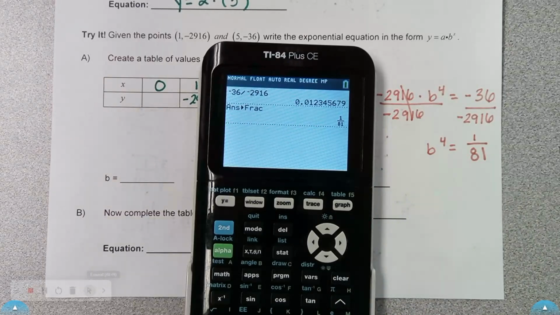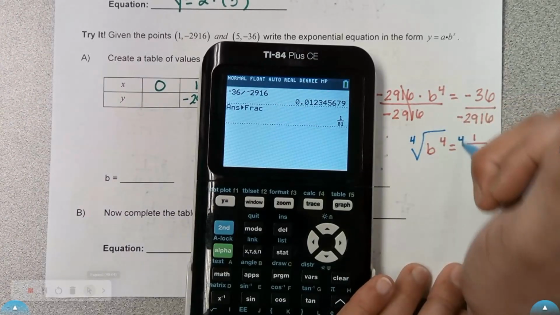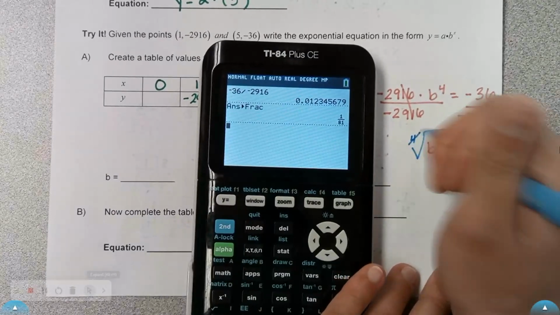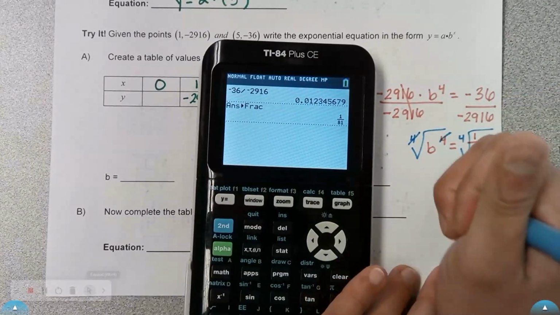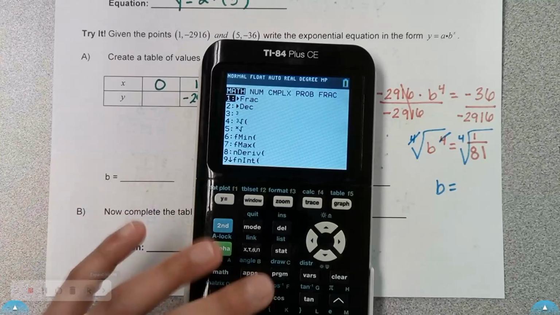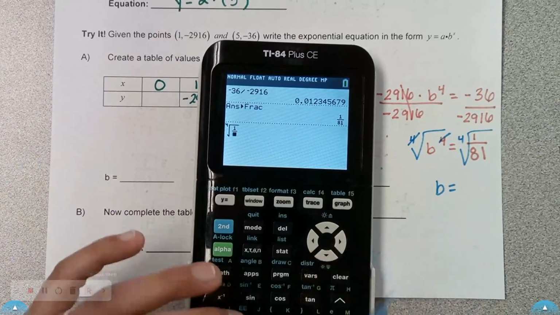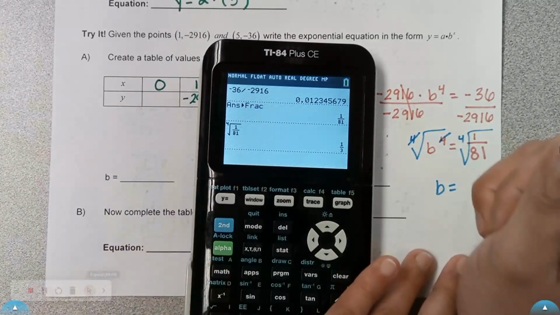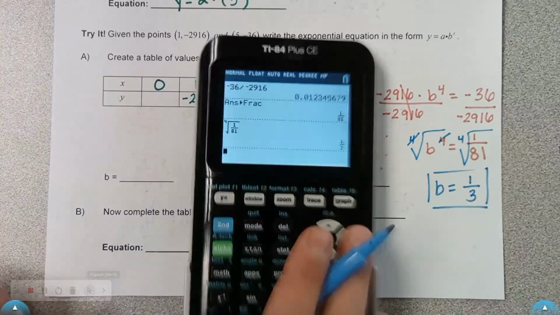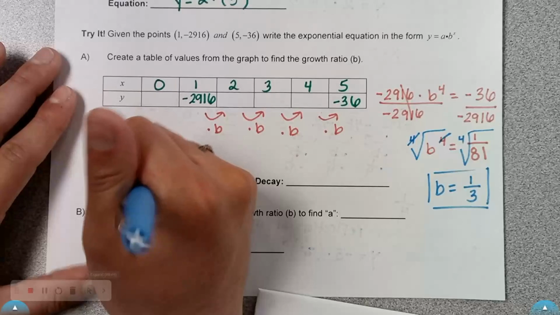And then I want to take the 4th root of that, so I'm going to take the 4th root. The 4's will cancel. And so then when I type that into my calculator, the 4th root of 1 over 81 is 1 over 3. So then my b is going to be 1 over 3.